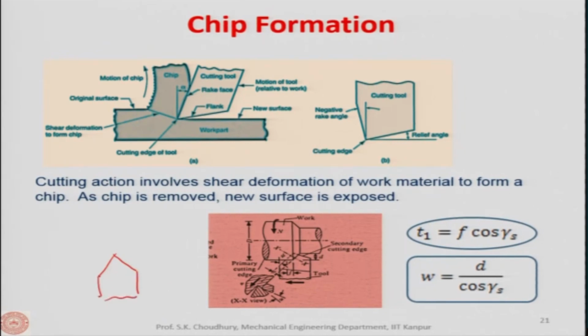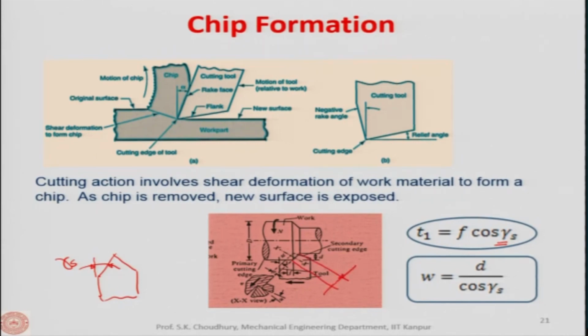So, if this is the tool in the base plane as it is shown here, this angle is the gamma s. So, in this small triangle, this value is T1, which is equal to f, this value, and the cos of gamma s. Similarly, the width of cut is actually from here to here.